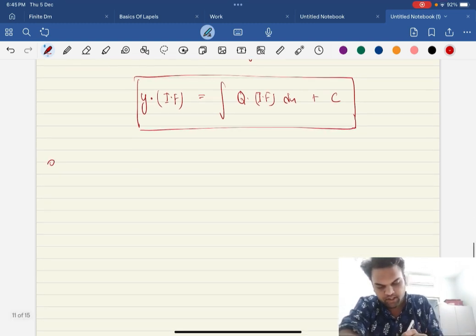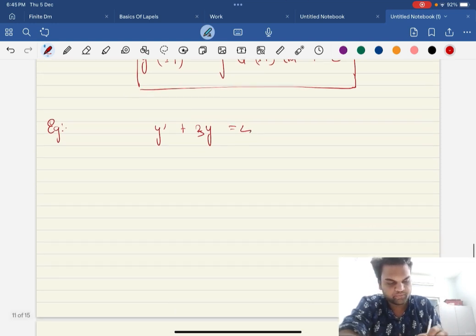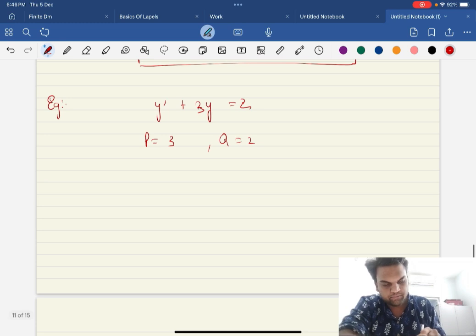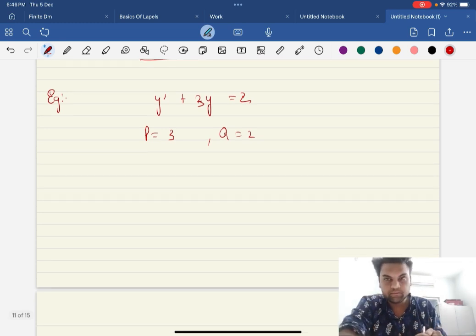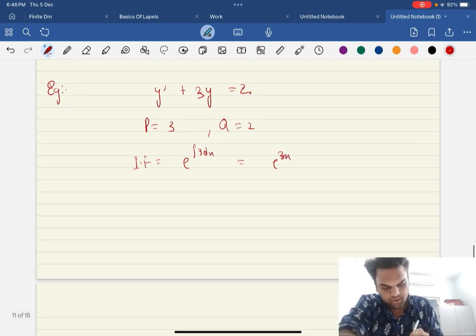Like if we take an example here, y' + 3y = 2. Here p is 3 and q is 2, and the integrating factor will be e to the power integral of 3 dx, which equals e^(3x). Now put it in the formula.